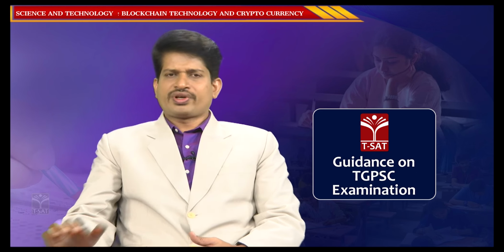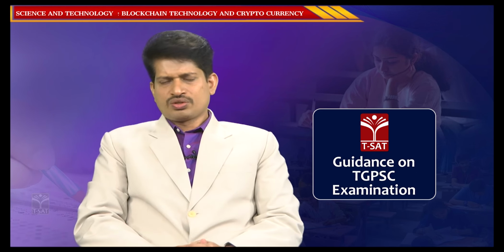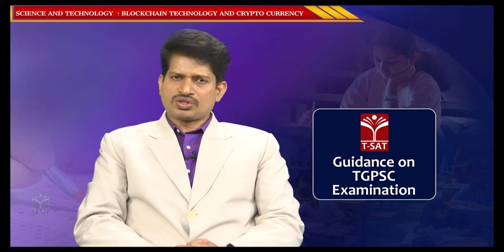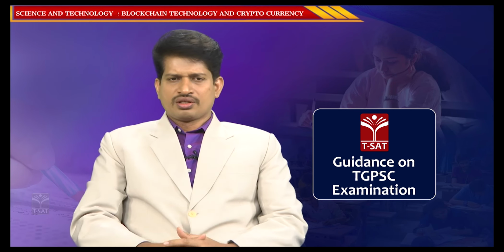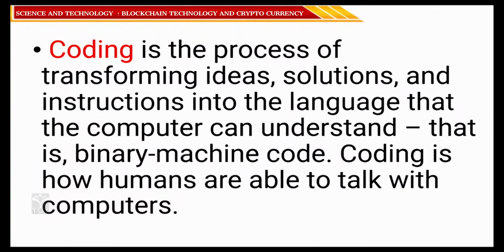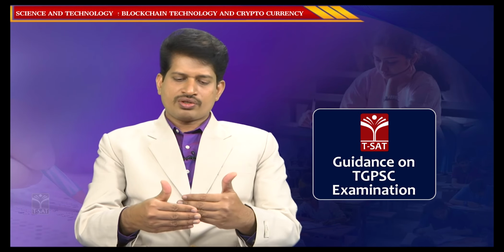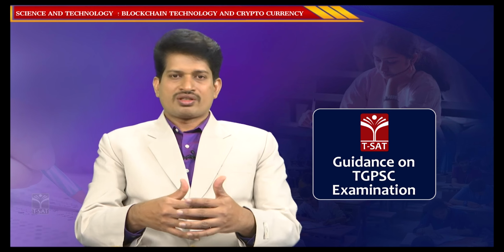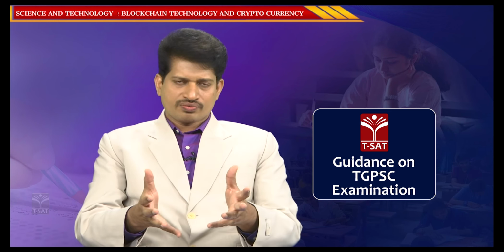So, for non-science students, you need to be clear with certain words. Coding is a process of transforming ideas, solutions, and instructions into a language that the computer can understand. So, coding is a kind of language, a computer language, since the computer will not be able to understand any vernacular languages.